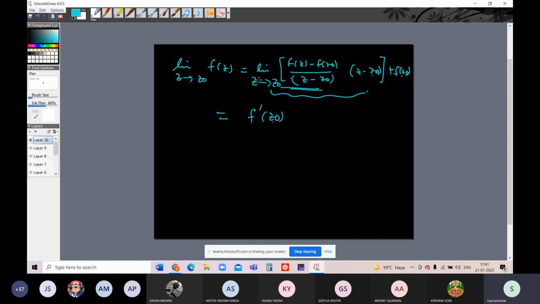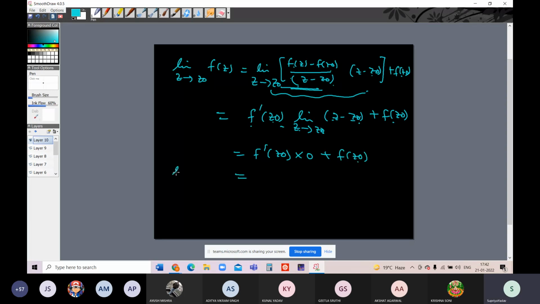So limit z tends to z naught of f z minus f z naught upon z minus z naught, in place of it we can write f dash z naught, and limit z tends to z naught of z minus z naught, plus f z naught. When z is approaching to z naught, z minus z naught will be 0. So f dash z naught into 0 plus f z naught.